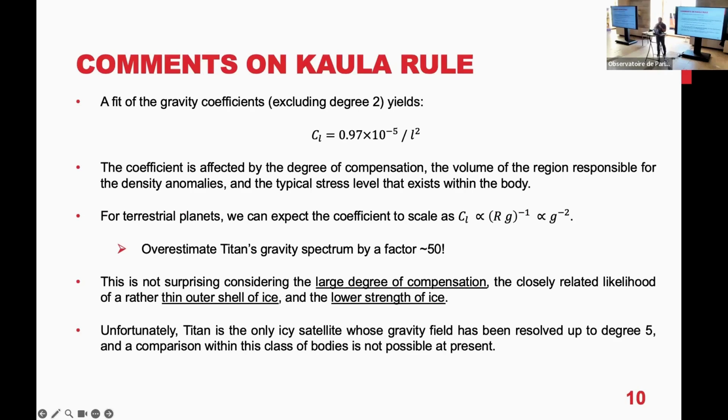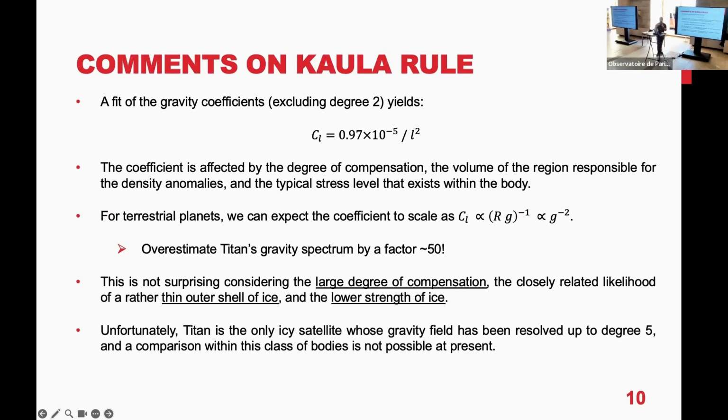The coefficient is pretty interesting because it's affected by the degree of compensation that we may have in the gravity field, the volume of the region responsible for the gravity anomalies, and the typical stress level that we have in the body. So for terrestrial planets, we know that the coefficient scales with the surface gravity to the power of -2.